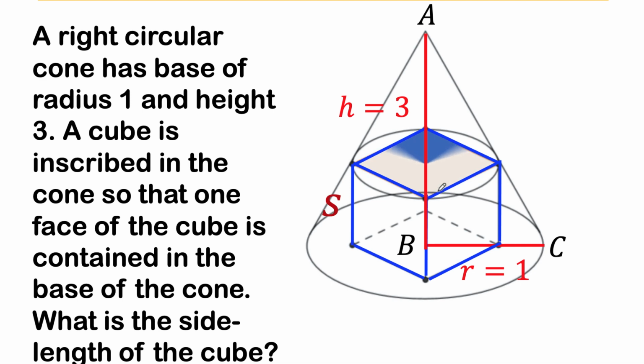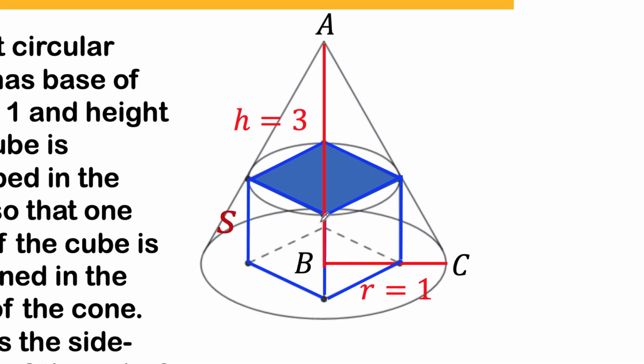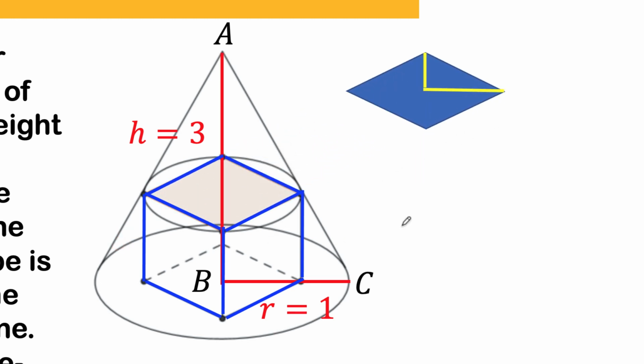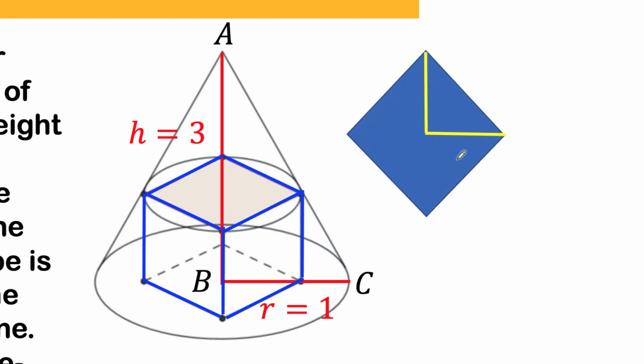Now let's concentrate on this one face of the cube. Now this face is a square. Let's analyze this face and let's look at this from the top view. Now, since the diagonals of the squares are equal and they bisect each other, then what we have here is a 45, 45, 90 special triangle.